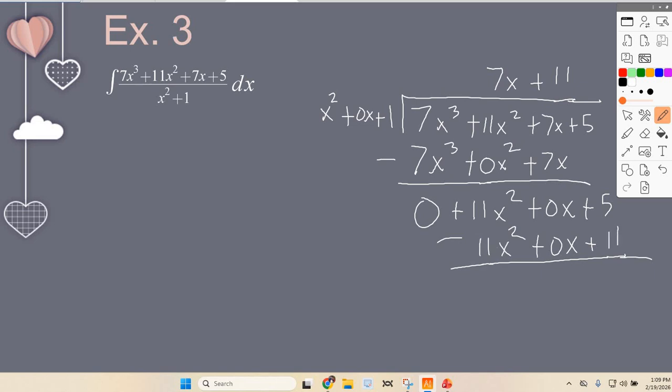There we go. So now, subtracting 0, 0, 5 minus 11 gives us negative 6. Which is why I said double check your work, right? Because it's easy to make arithmetic errors there.